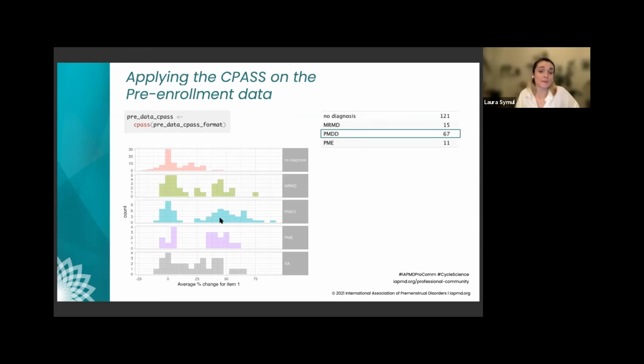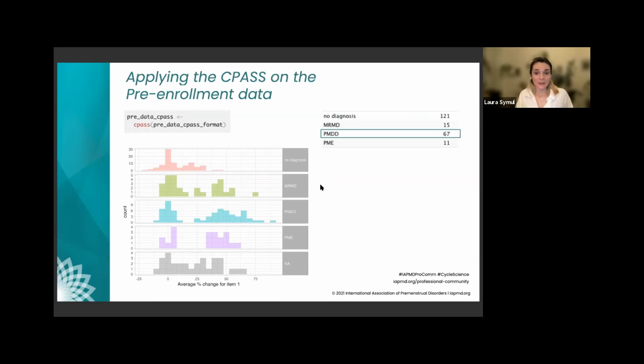And that means that probably feeling depressed was not one of their symptoms that met criteria for PMDD, but they probably had other symptoms for which they met criteria. And similarly, for those who didn't meet any criteria, we see that there is maybe a longer tail and that some people actually do feel less depressed in their luteal phase. And so these are, again, simulated data, but roughly correspond to what you may actually see in data.